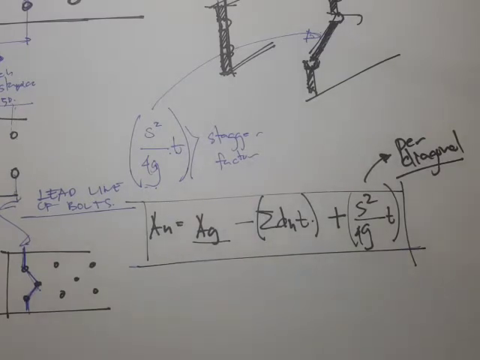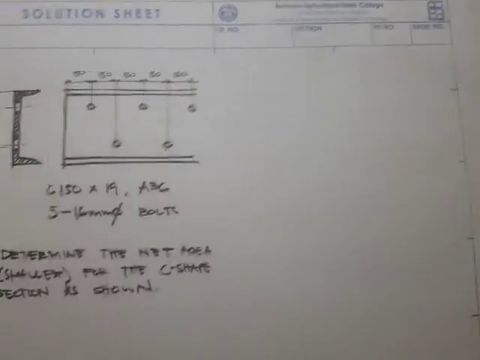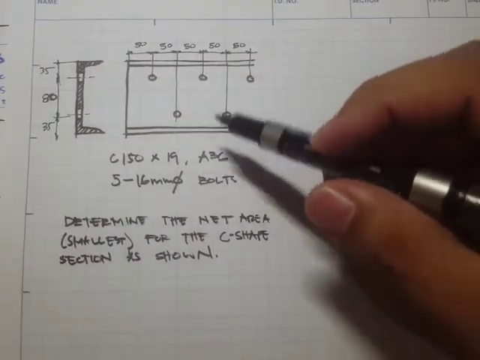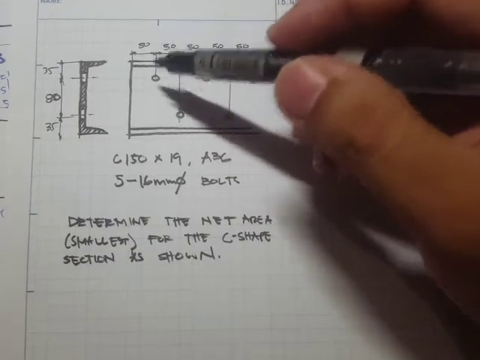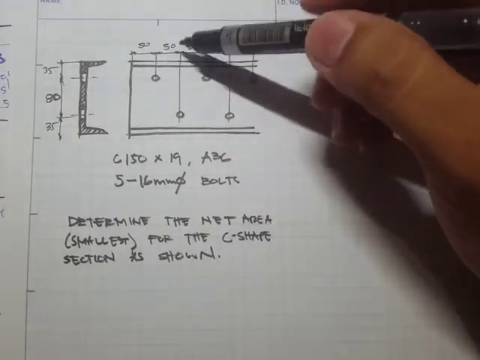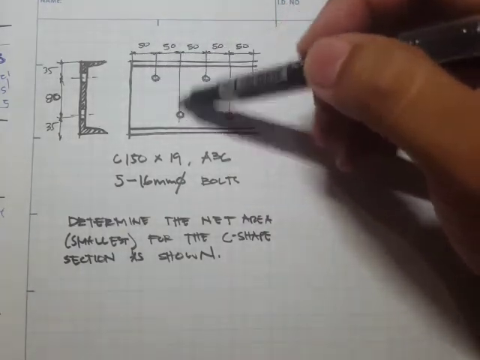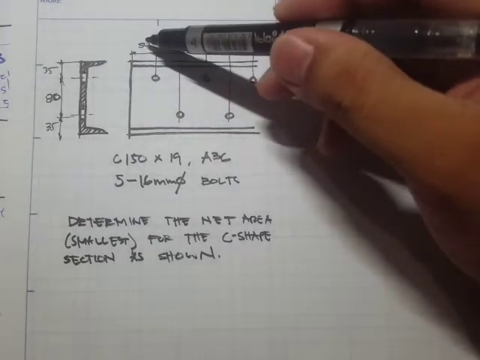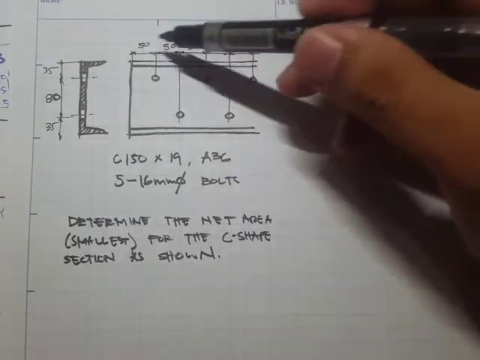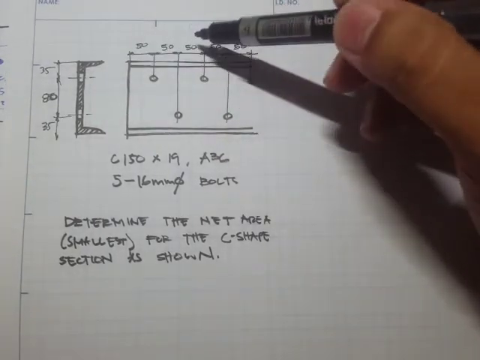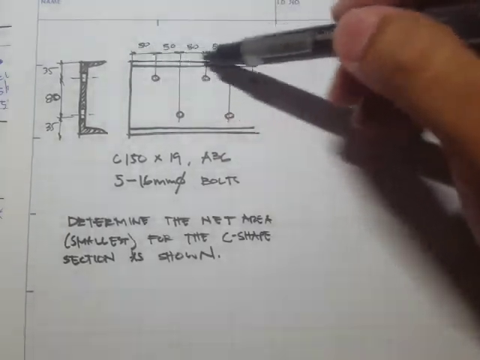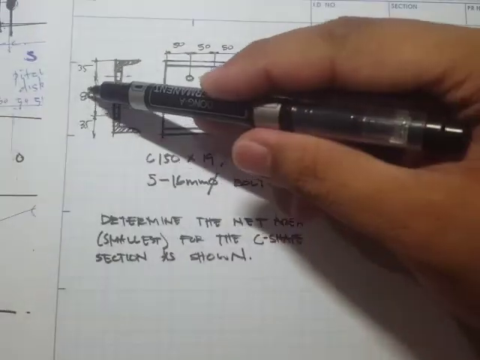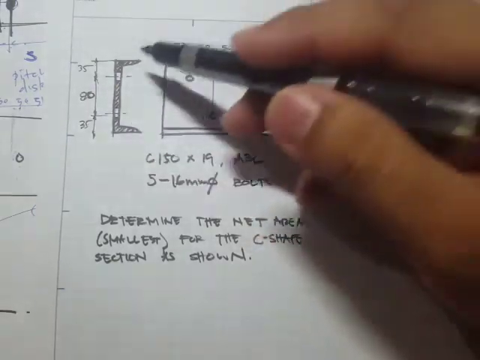Right, so now let's do a sample problem. This is our sample problem. It's a C-shaped section with this configuration. It's a staggered configuration, and the pitch distances are the same, 50 in all distances, and the gauge distances are 35, 80, and 35.